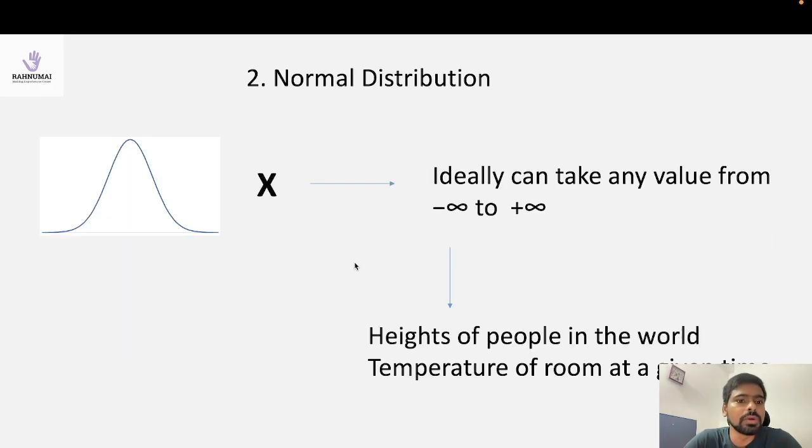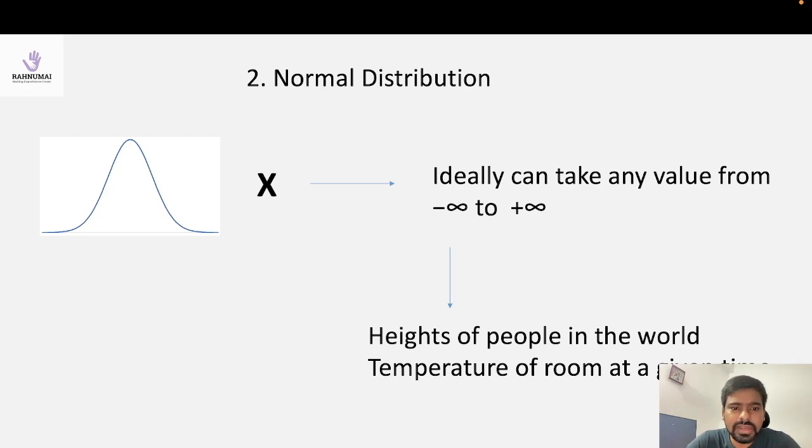Normal distribution. Normal distribution is a very well known distribution. Everybody knows that. So what is special about it? All the set of values that this variable can take are distributed in a sense that the probability of occurrence of some of them is very high, and some data points are less likely.